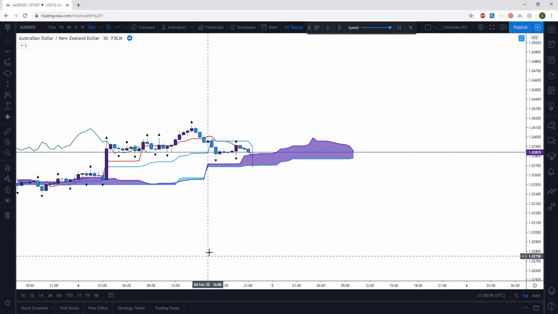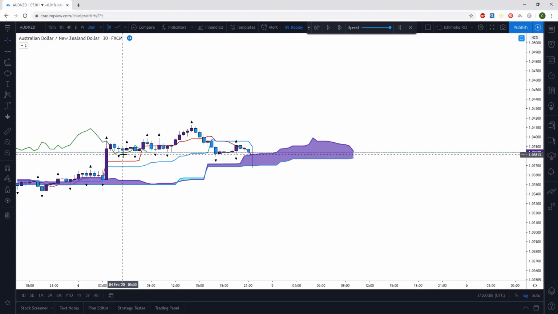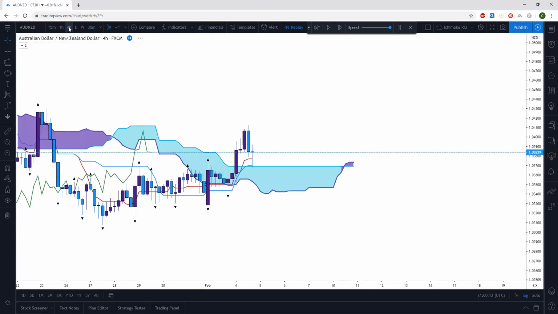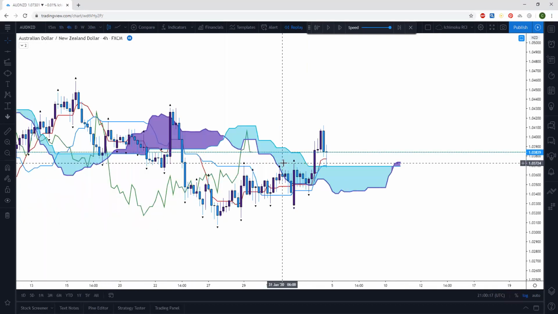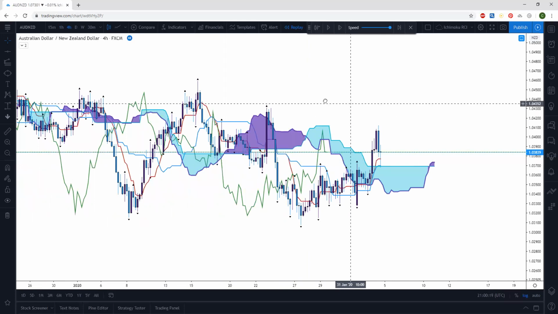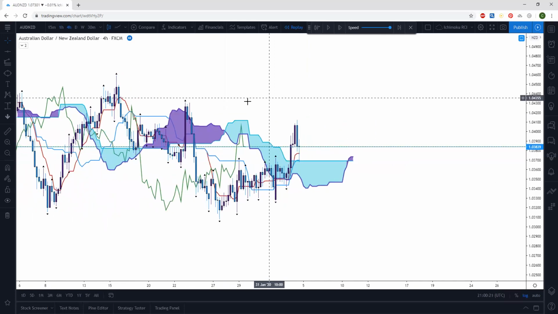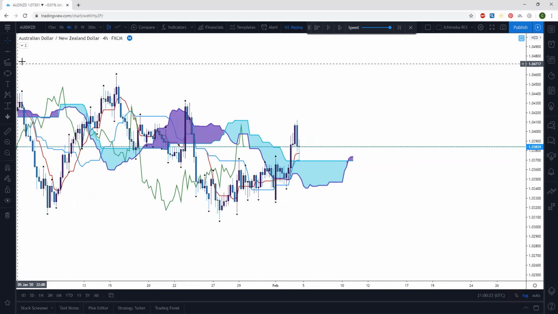All right. Okay. So here's what you should do. Go back to the 4-hour time frame and mark your Kijun level. That's one thing that you should have done. Zoom out too. Okay, I got you. Always zoom out to see the bigger picture.